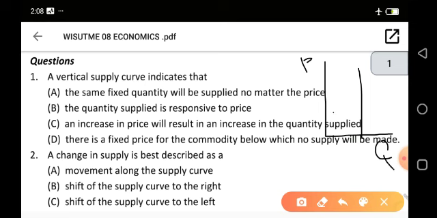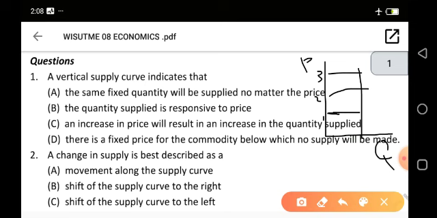So irrespective of the price, the same quantity will still be supplied. If the price increased from 1 to 2 to 3, the same quantity will still be supplied to the market.